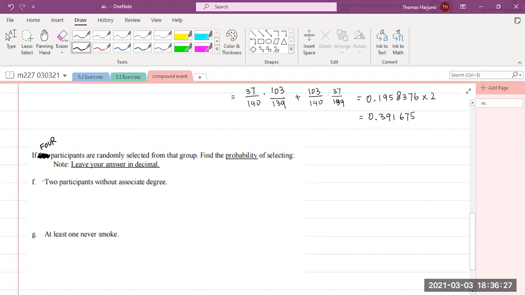Find the probability of selecting 4 participants without associate degree.